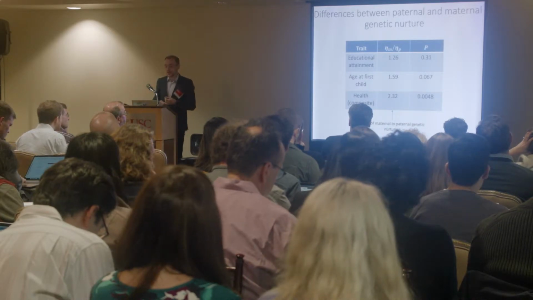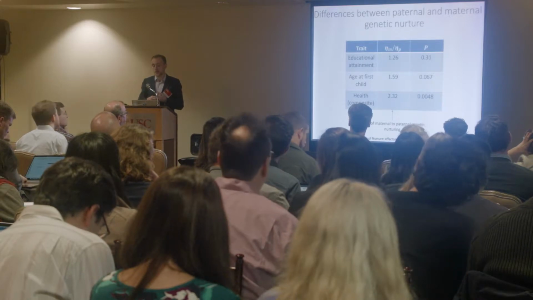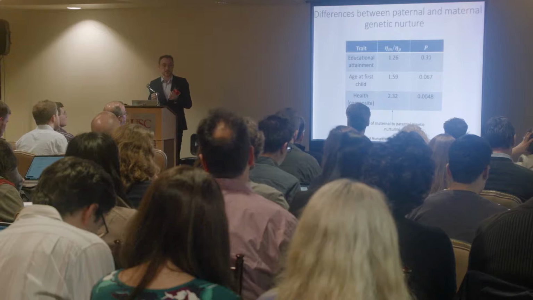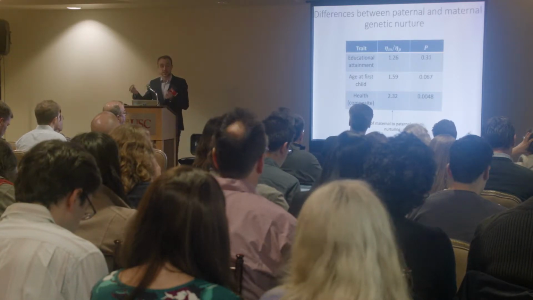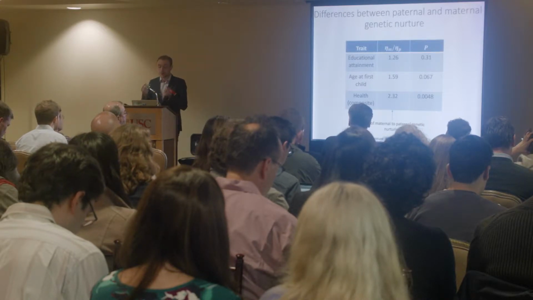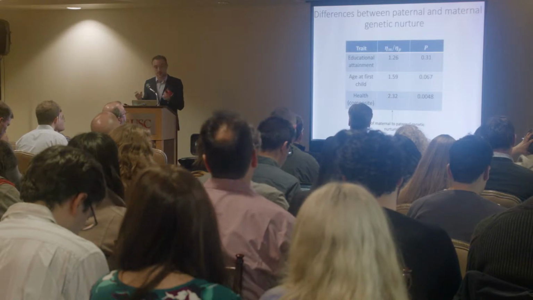There's no reason why genetic nurture should be symmetrical between parents. In fact, when these kinds of effects have been examined in animal breeding, they've mainly just tested for a maternal effect, because paternal investment in most animals is pretty minimal. But in humans, you might expect there to be some difference, but maybe not as drastic.